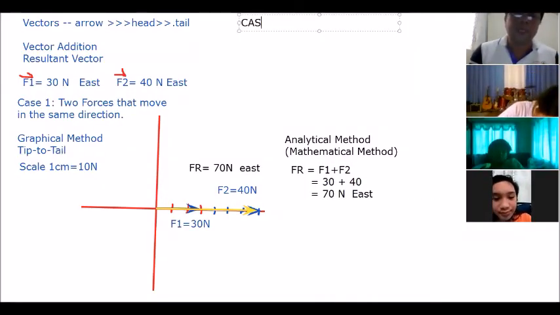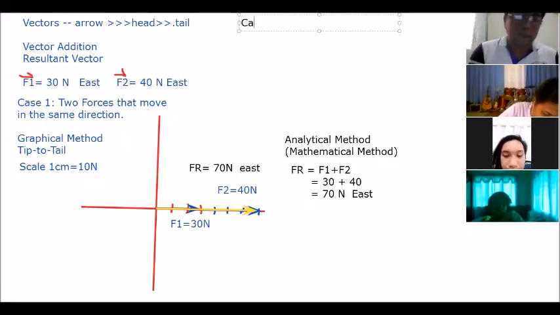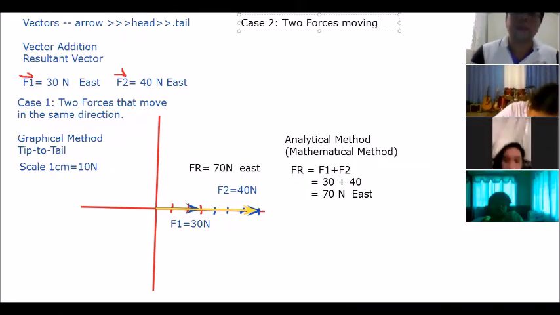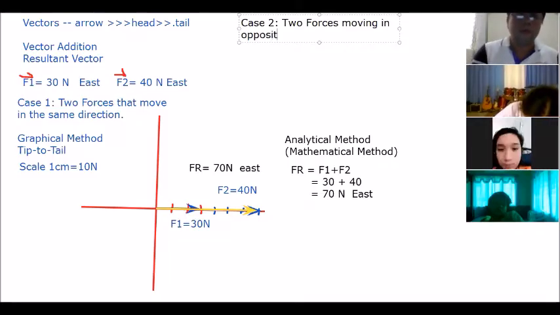Case number 2 will involve two forces moving in opposite directions.